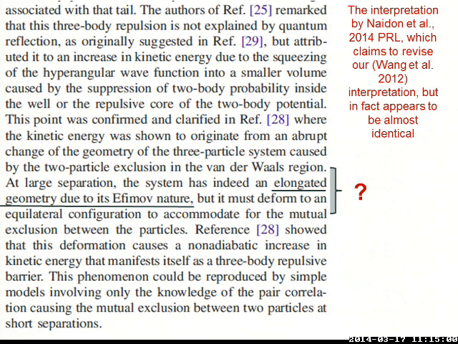But to me, that would mean that non-equilateral configurations will also be important. Yeah, I'm not saying it's unimportant, but they're claiming it's the dominant configuration. Yeah, I mean, we said this is just exactly as important as this. And they seem to say that the Efimov state is almost all that, which we don't agree with.